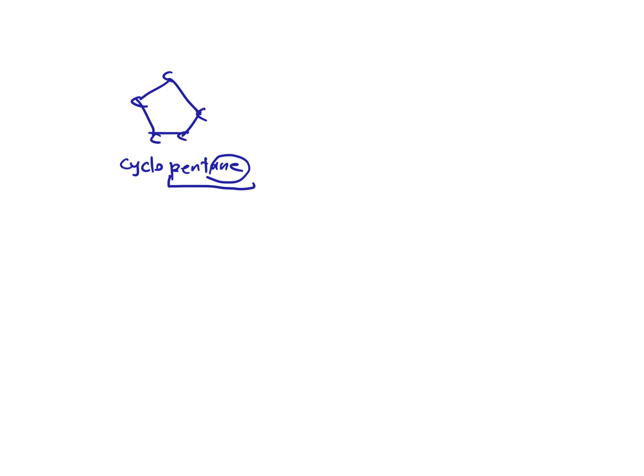Even if you have one substituent, we don't put any number. For instance, with one Br attached here, it's just bromocyclopentane, because even if I put it somewhere else, when I rotate my iPad, you see the same structure. So anytime you only have one possibility, you don't write any number, because you don't need to.